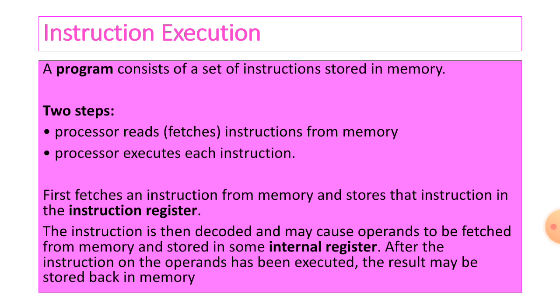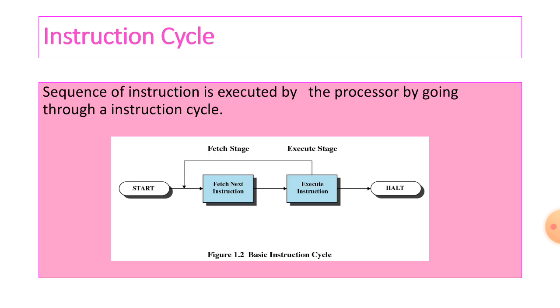The instruction is then decoded and may cause operands to be fetched from memory and stored in some internal register. After the instruction on the operands has been executed, the result may be stored back in memory. Instruction cycle. A sequence of instructions is executed by the processor by going through the instruction cycle. This diagram represents the fetch execute cycle.